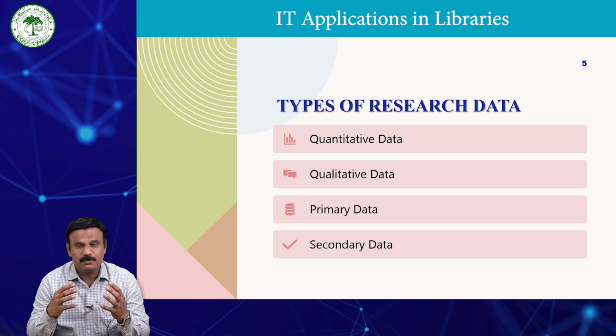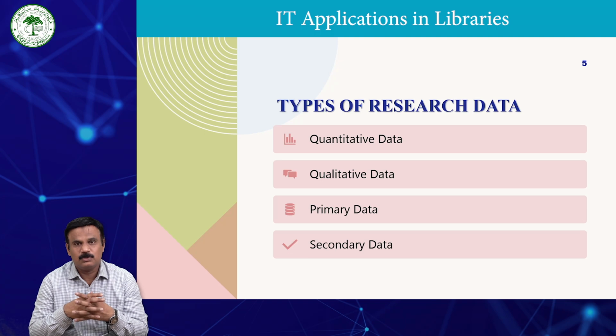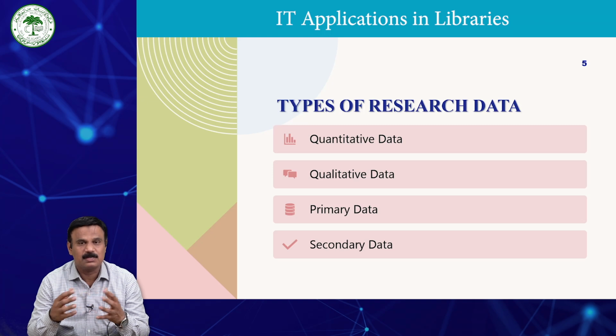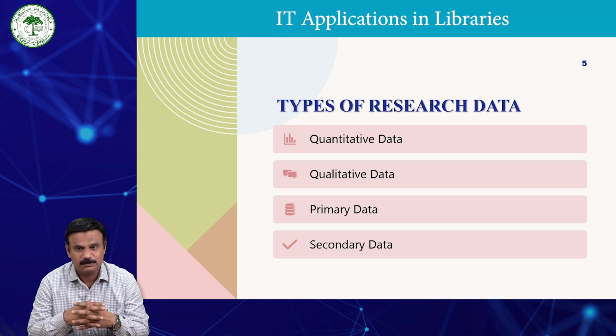The major feature of quantitative data is that it can be analyzed using mathematical calculations and statistical techniques, making it ideal for identifying patterns, making predictions, and finding relationships between different variables.